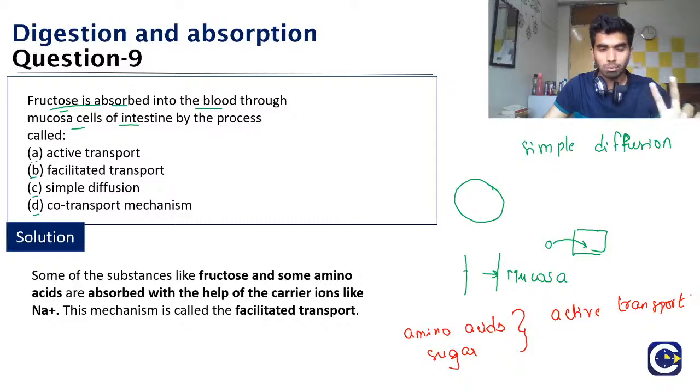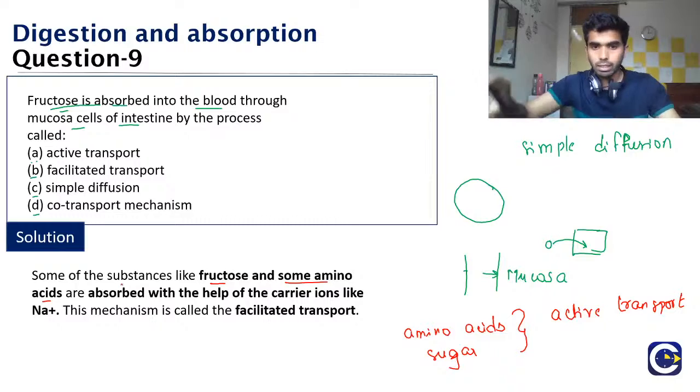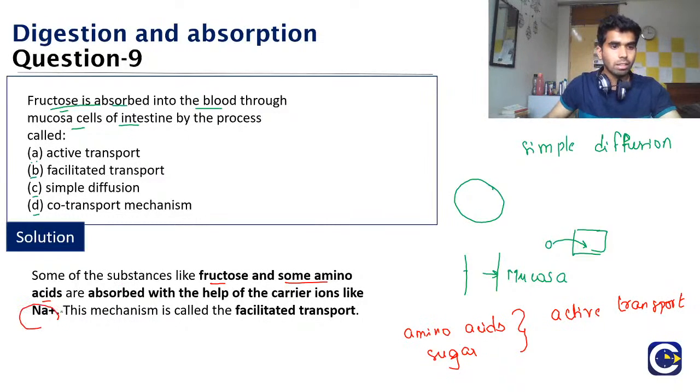But there is some interesting exception, and they are fructose and some of the amino acids, that is the charged amino acids. They are not able to enter directly into the mucosa. So there should be someone, their friend, that would be able to take them inside the mucosa. And that friend is the sodium.